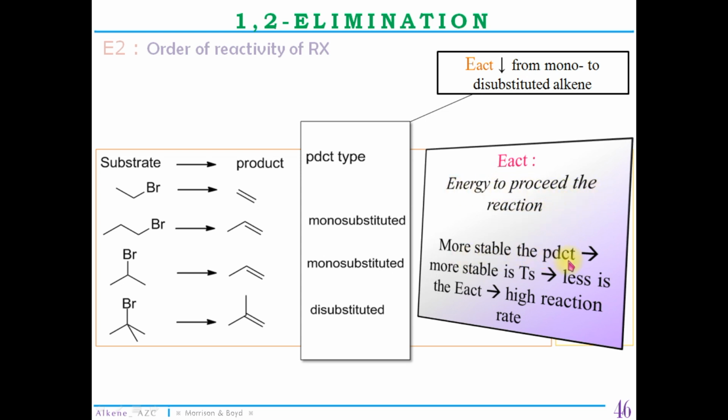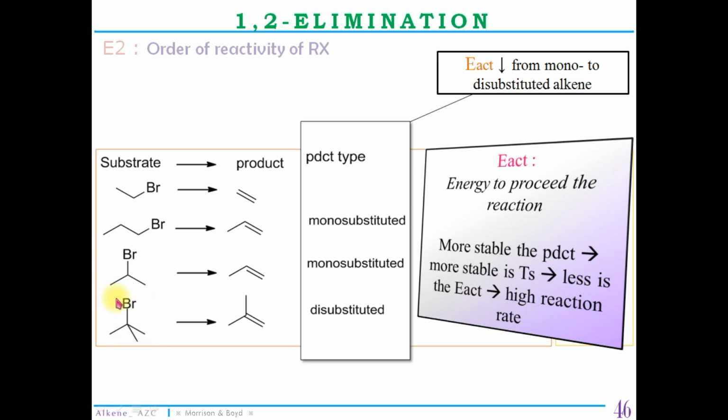The more stable the product, the more stable is the transition state and the less is the activation energy, and so the rate of reaction is higher. The products obtained from different alkyl halides are monosubstituted and disubstituted, and we know disubstituted alkene is more stable than monosubstituted alkene, and this disubstituted product is obtained from tertiary alkyl halide.